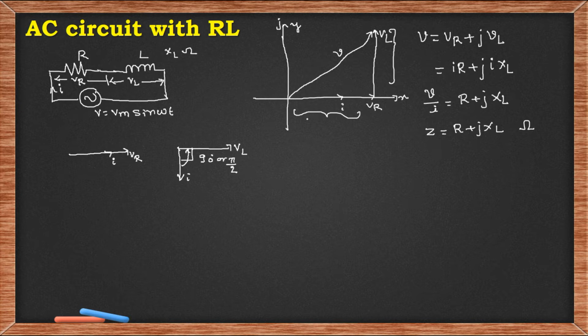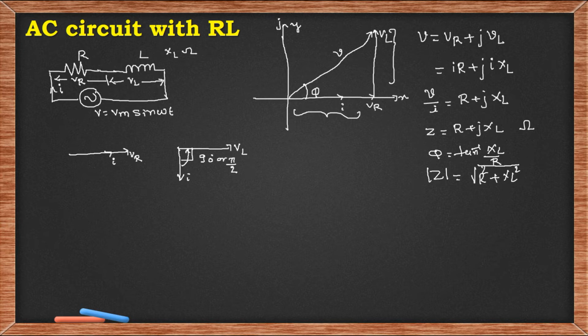Let us calculate the phase difference between the applied voltage and current in the circuit. Let us call this phi, where phi is equal to tan inverse of XL divided by R. Z is a complex number, so let us consider its magnitude: mod Z is equal to square root of R square plus XL square.